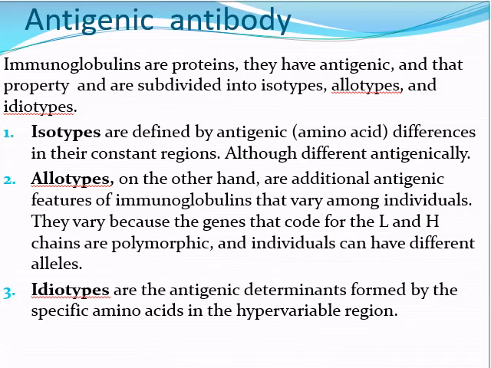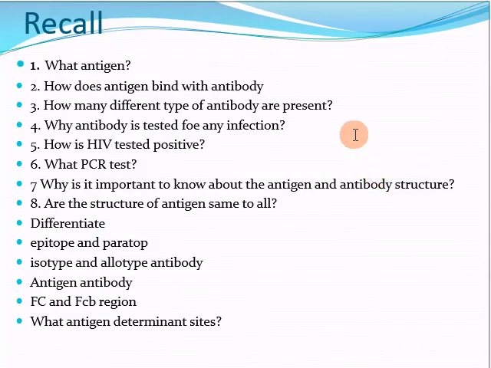Okay, so next is just to recall some of the questions that I have noted down here. Please go through these questions: what is an antigen, how does an antigen bind with the antibody, how many different types of antibodies are present, why is the antibody tested for any reaction or infection, how is HIV tested, positive or negative, what is the PCR test, why is the PCR test conducted for COVID-19.